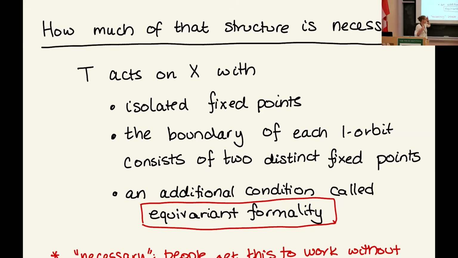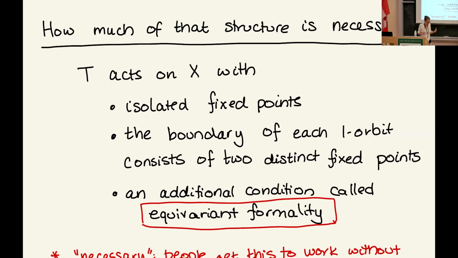Okay, so this is just a little asterisk. There are two different things that are going to go into the theorem that we're going to talk about. So when I say necessary, it's to get a certain kind of combinatorial operation working.